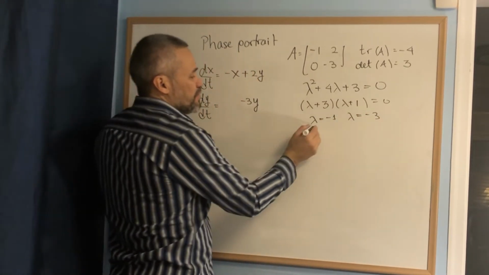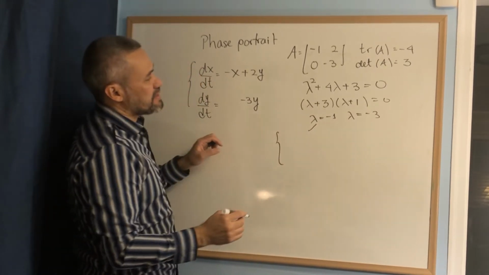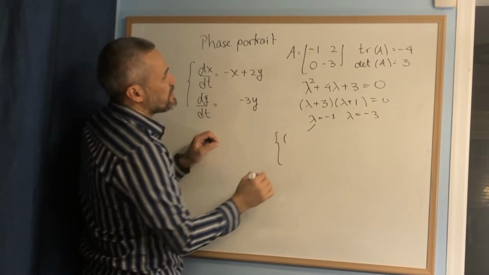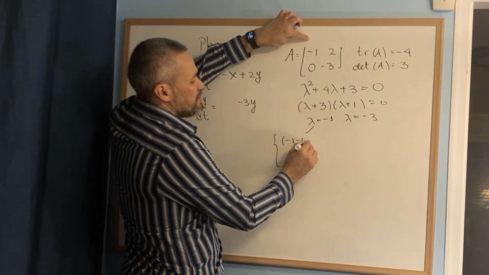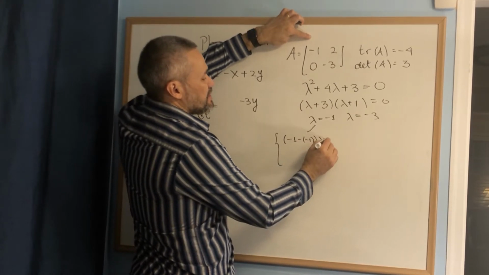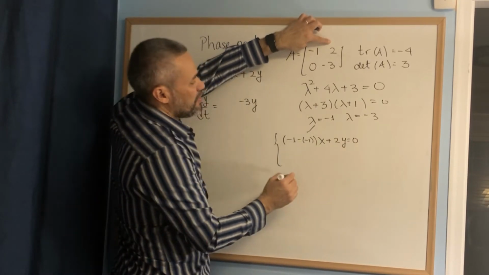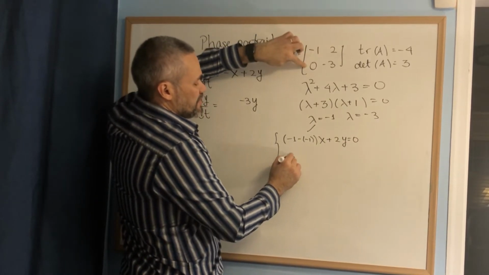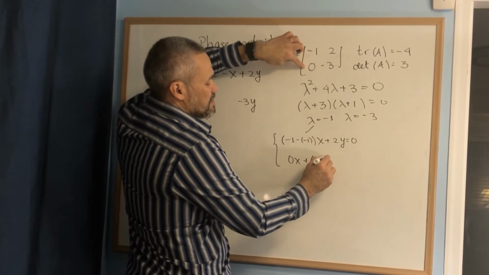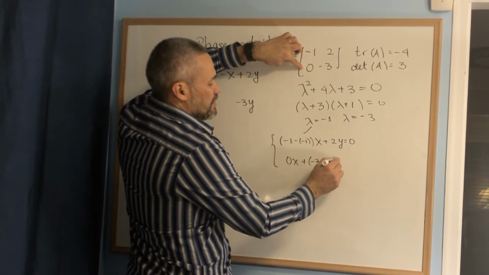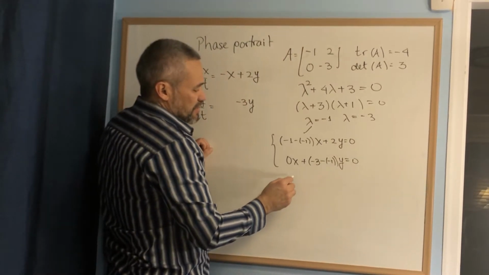When lambda equals -1, to find the eigenvector, we have to think about this system: (-1 - lambda) times x plus 2 times y equals 0, and here we have 0x plus (-3 - (-1)) times y equals 0. What equations are these?